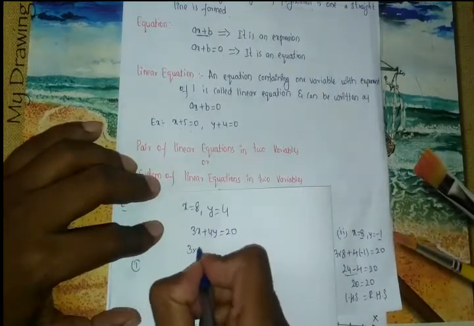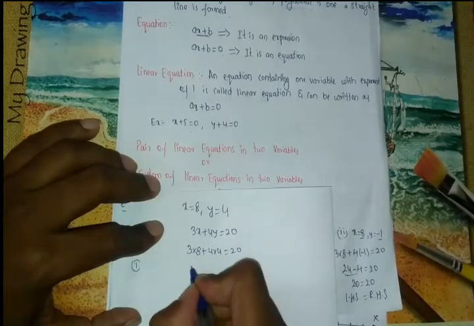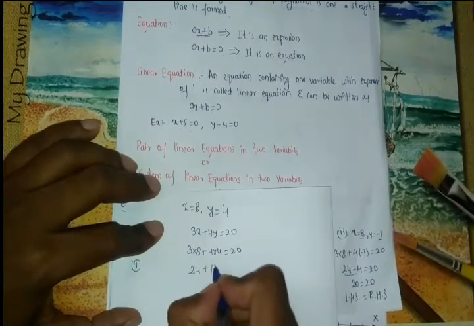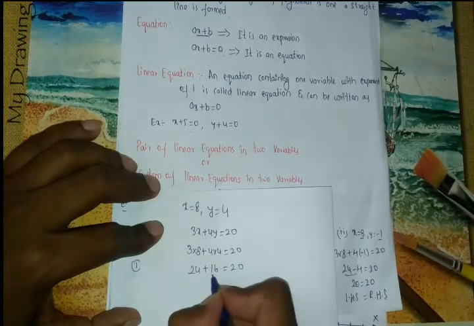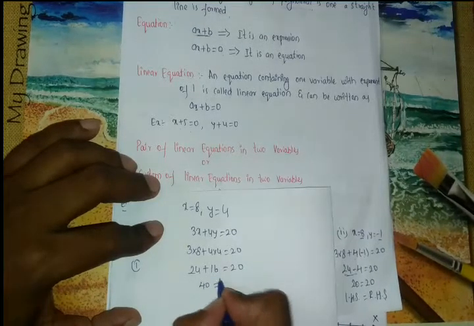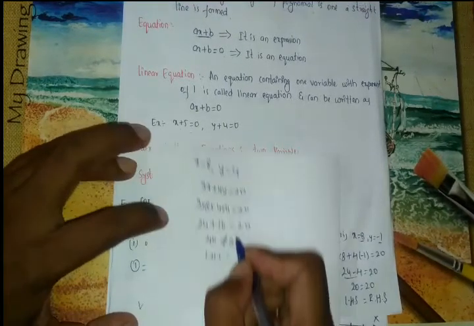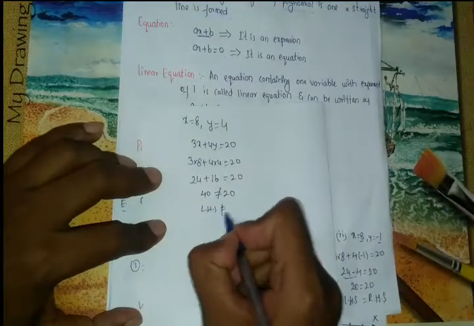So 3 into 8 plus 4 into 4 equals 20. So this is 24 plus this is 16. How much will I get? I will get 40, which is not equal to 20. So LHS is not equal to RHS.